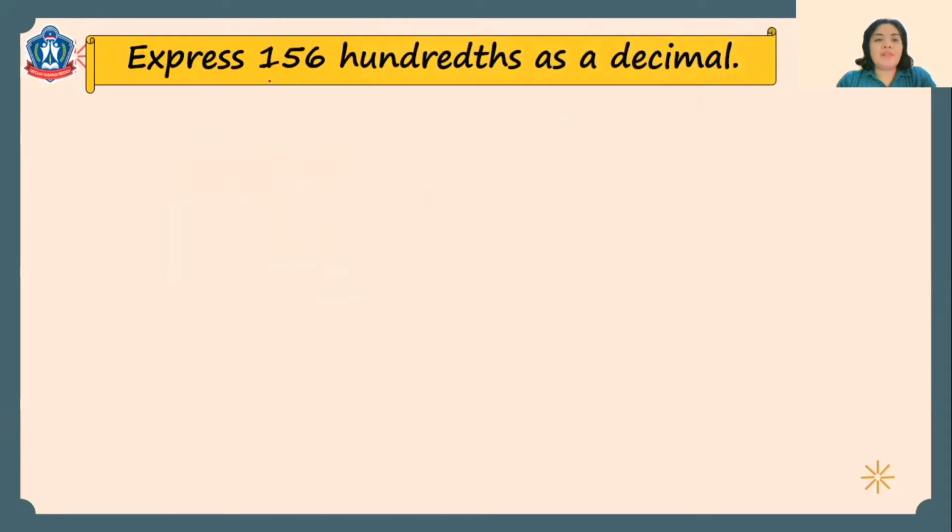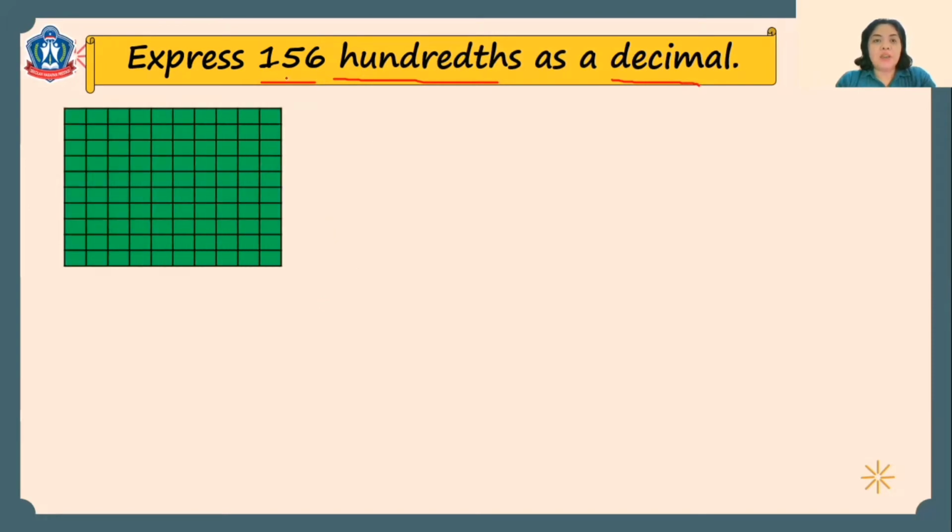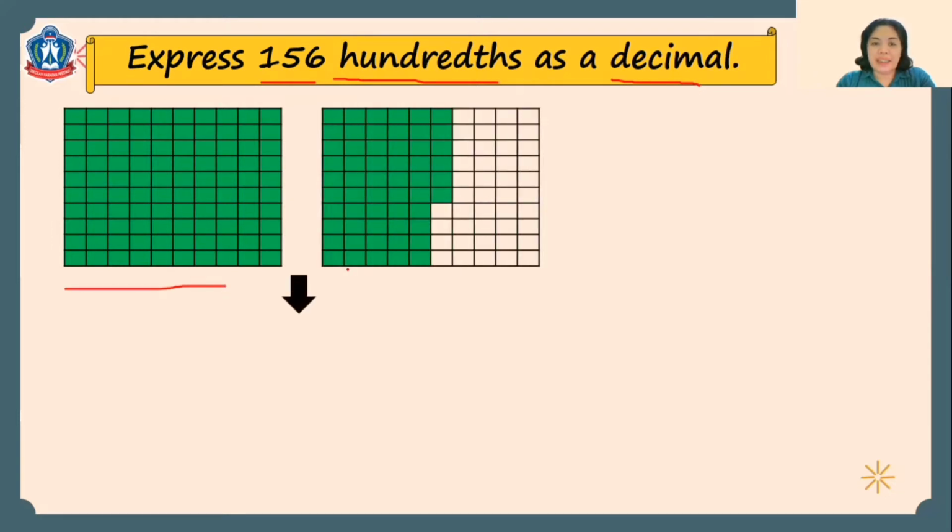If we have 156 hundredths, how does it look when we write it as a decimal? Let's express this number as a decimal. 156 hundredths is like this: this is 10, 20, 30, 40, 50, and we have 6.